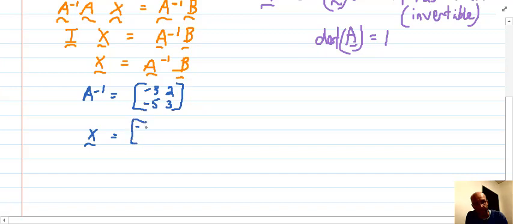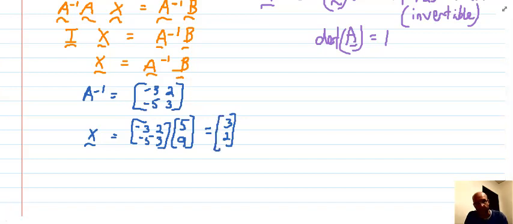So let's do that. And B was 5, 9. And to cut a long story short, you'll get the column matrix 3, 2.